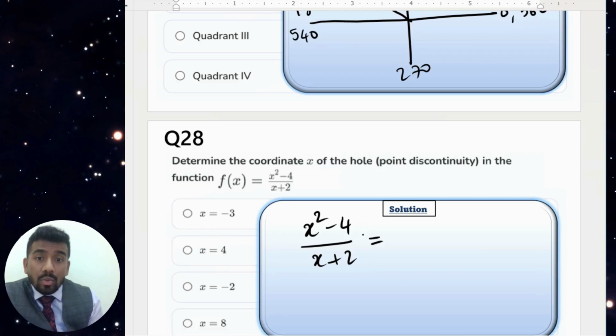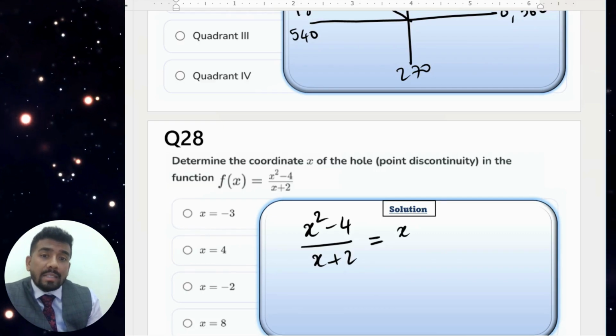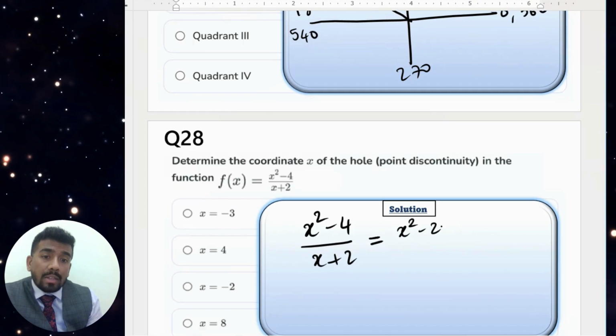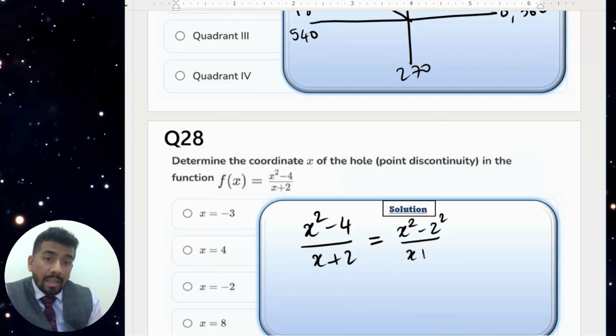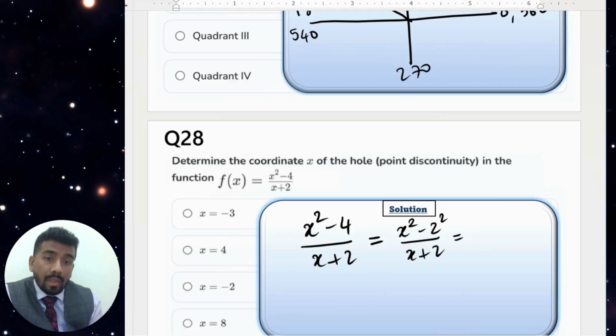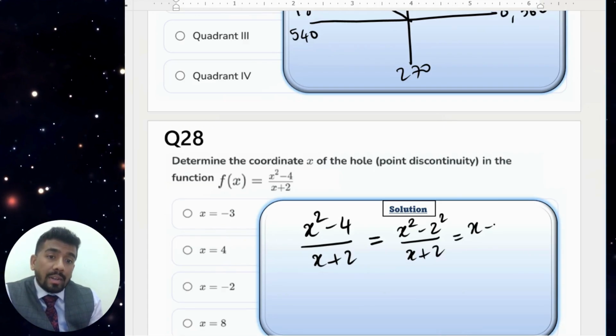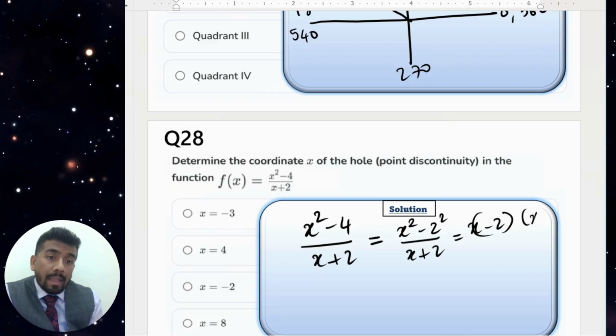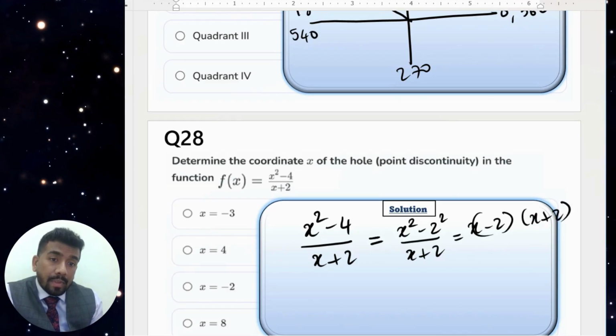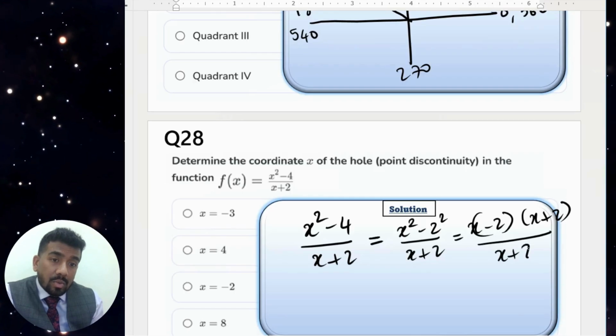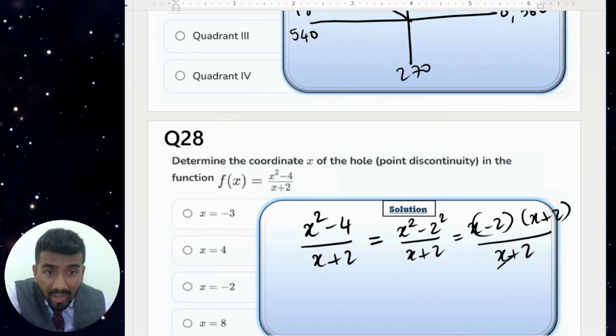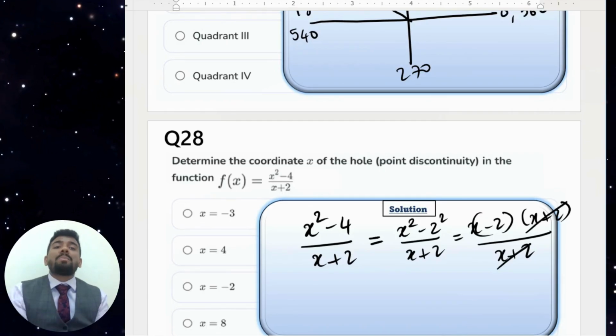So x square minus 4, I can write it as x square minus 2 square, which is x minus 2, x plus 2, and down you have x plus 2. So you see, which factor can you cancel? X plus 2.